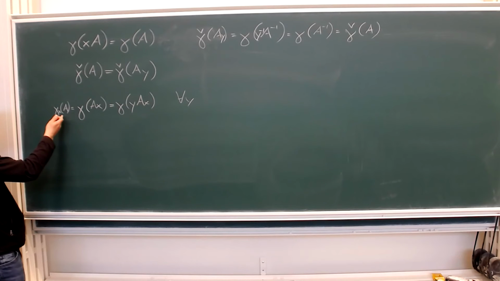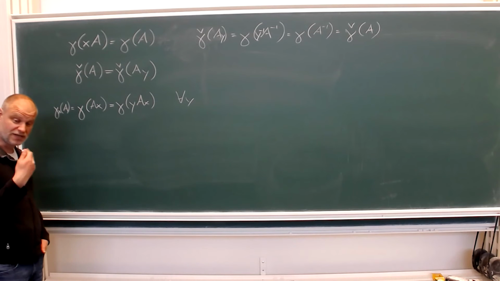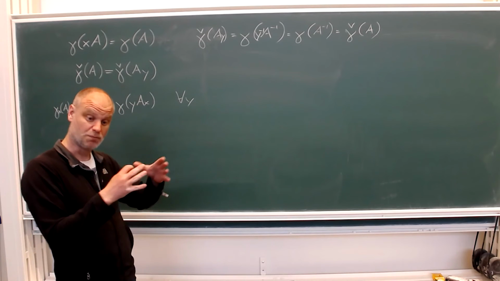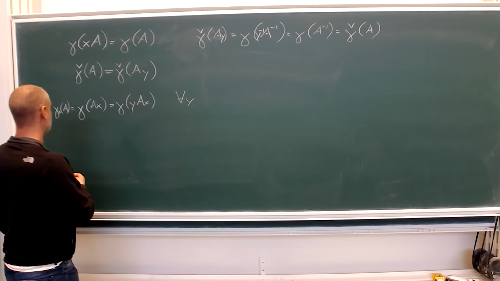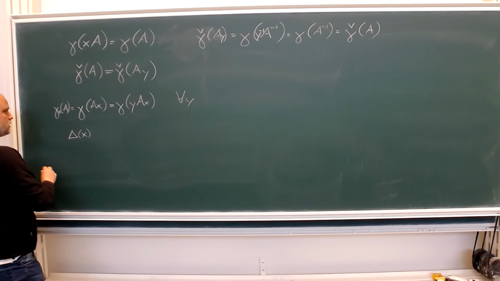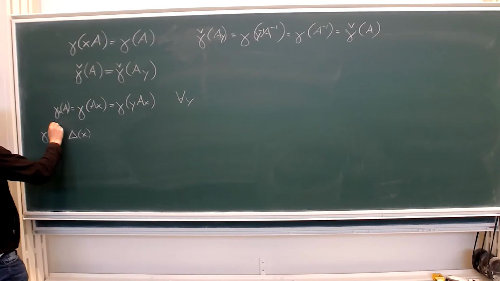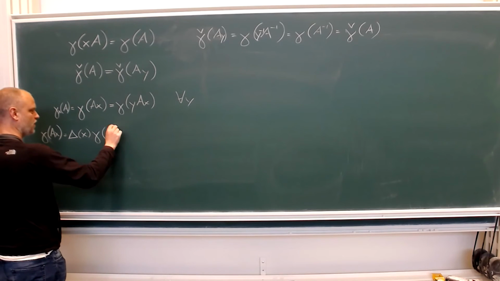Since left Haar measures are unique except for multiplication with some constant, there must be some constant, which we can call delta of x, such that gamma of ax is equal to delta x times gamma of a.